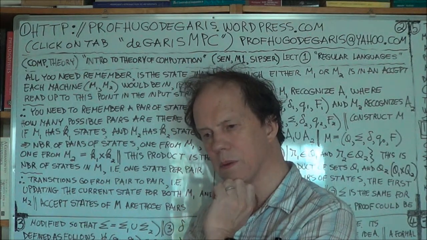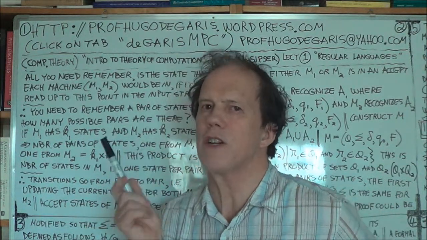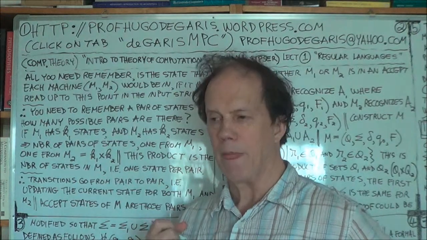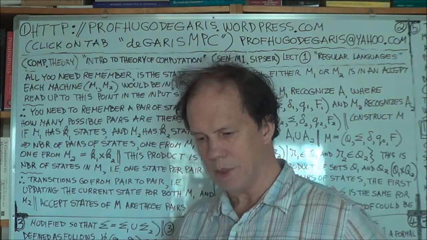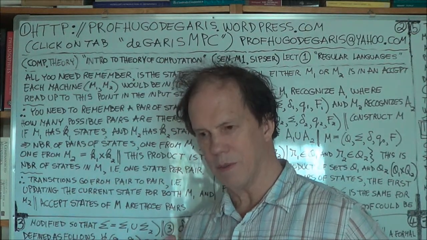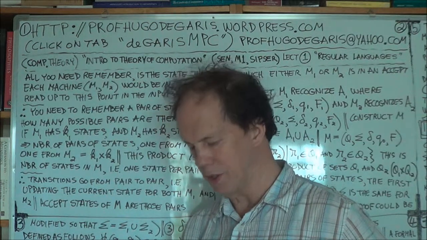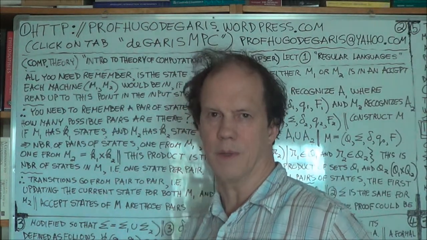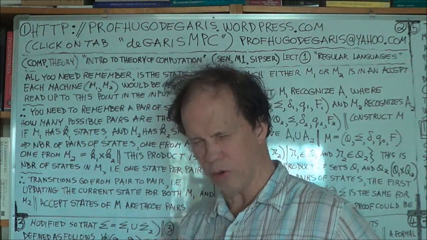Another major idea was that this is a proof by construction. We have to construct or design machine M. So we don't know the size of the inputs or anything like that. So we cannot draw a state transition diagram. So we have to resort to the other possibility.